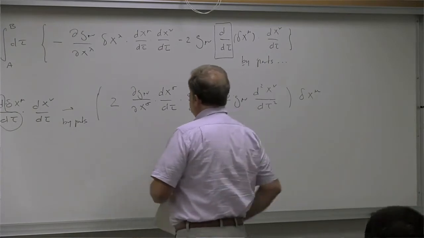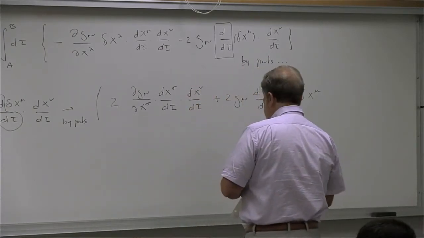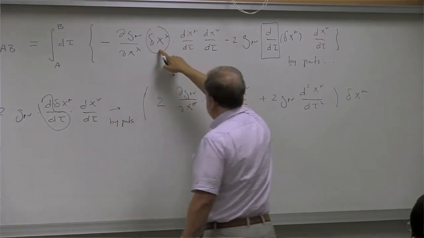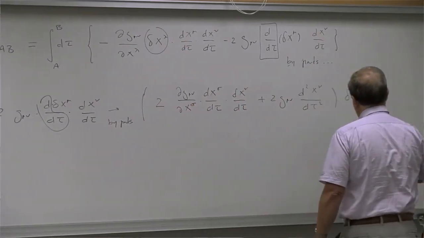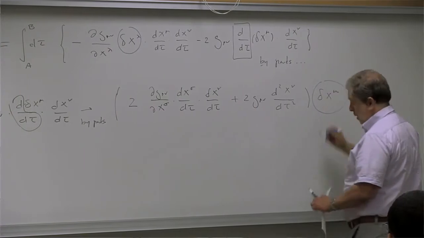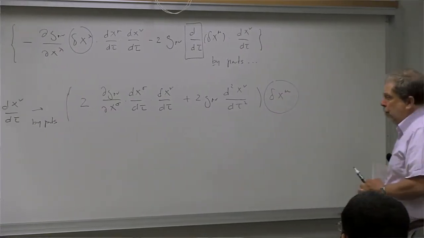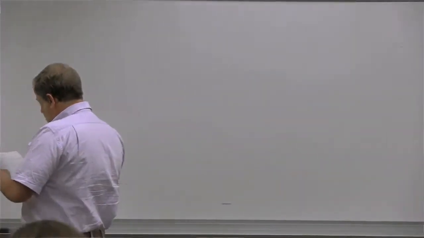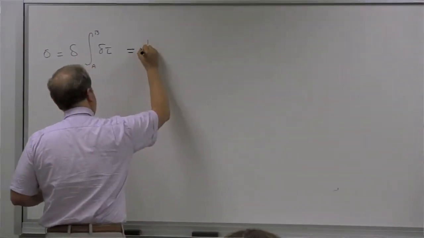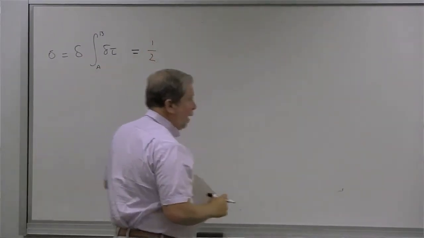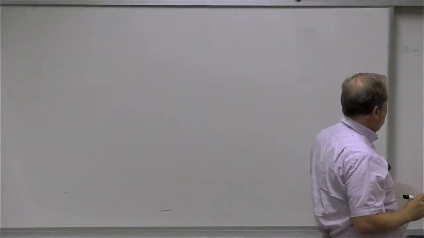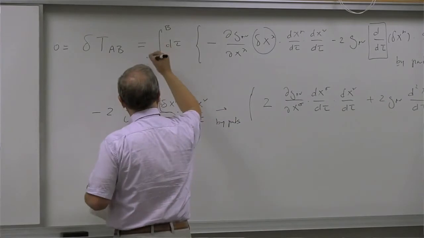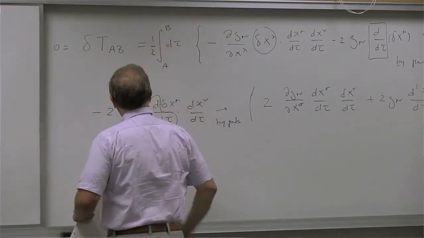And what we want to do in each case is isolate this variation dx lambda, which is nicely isolated in the first term, and is also nicely isolated in the remaining 2 terms. So we can write this as some sort of gigantic bracket with various things inside. So we still have the 1/2, because the 1/2 was there at the beginning, and in fact it should be here again.